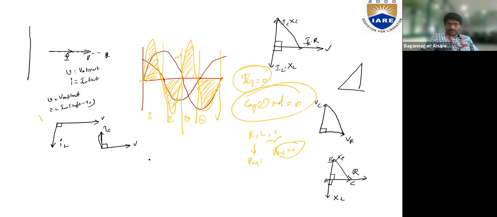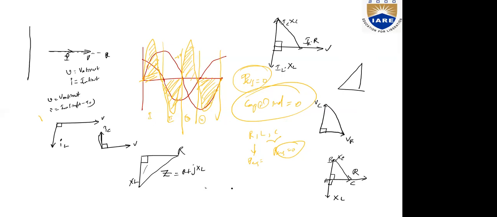Now, if I want to draw the impedance triangle for the inductive case, this is XL, this is R, and the hypotenuse is Z. What is the equation for Z? R plus jXL. Similarly, for the capacitive case, let me draw here.